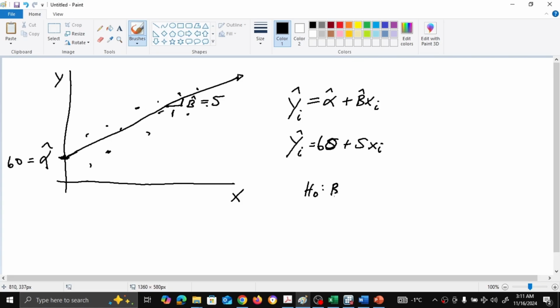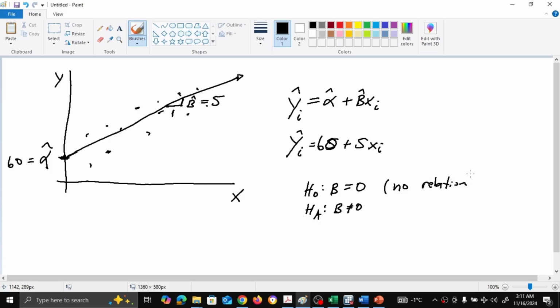The null is that the true beta in the population is 0, and the alternative is that it's not 0. And what does the 0 represent? It means there's no relationship between X and Y, if you remember.